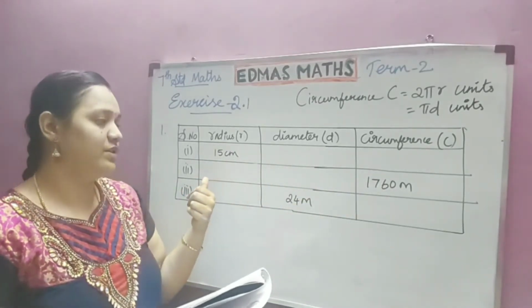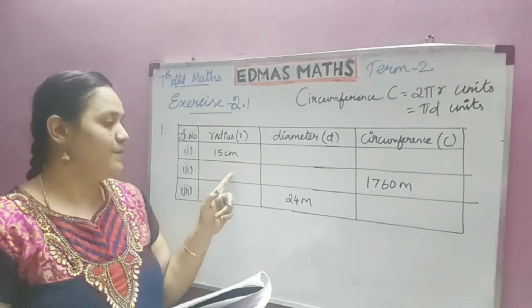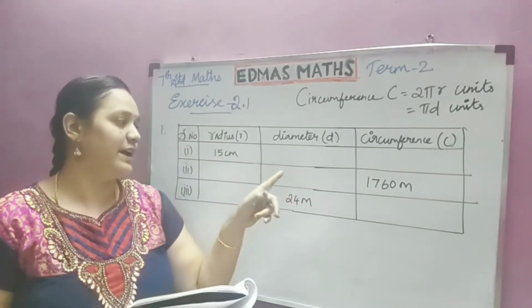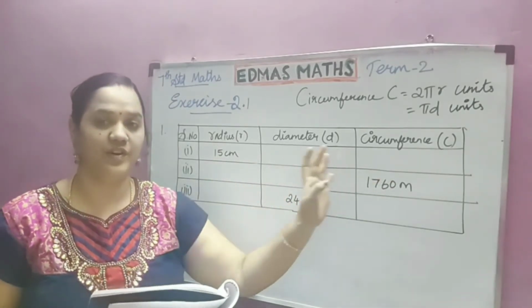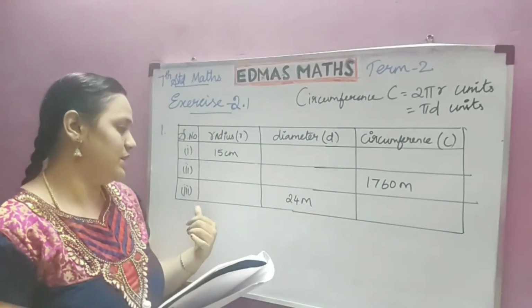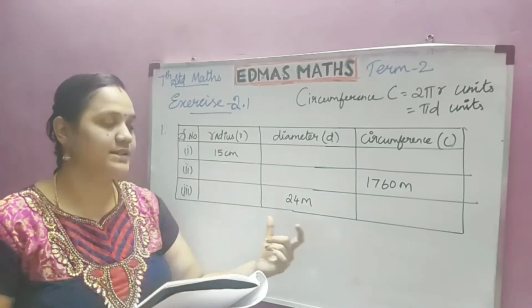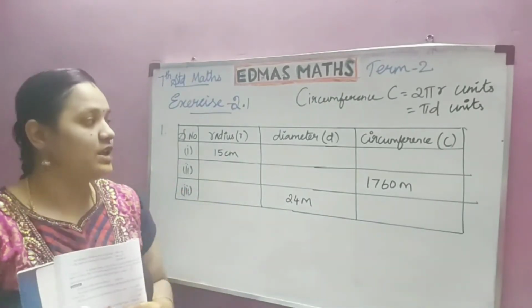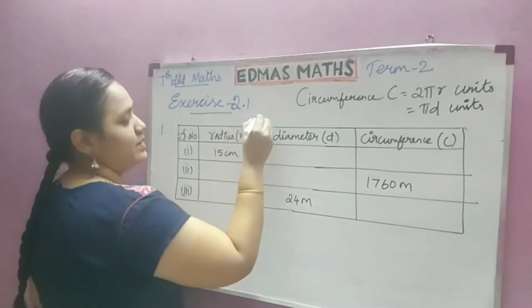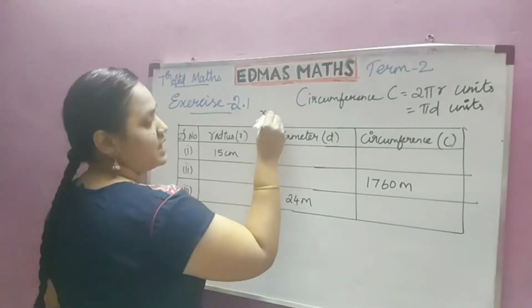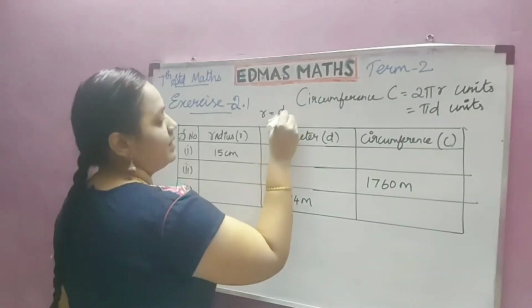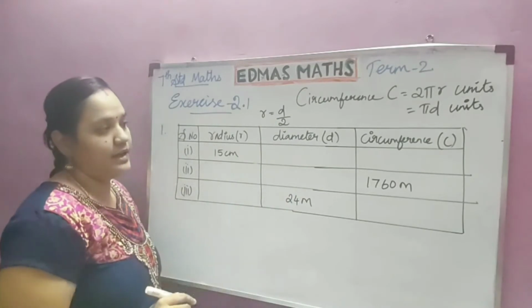In the second option, we have to find the radius and diameter where circumference is given. In the third option, diameter is given and we have to find the radius and circumference. If you know the diameter, radius is equal to diameter by 2. I already explained this.